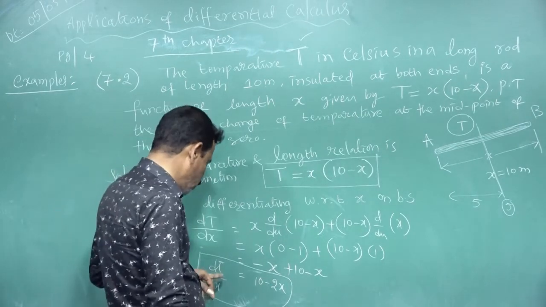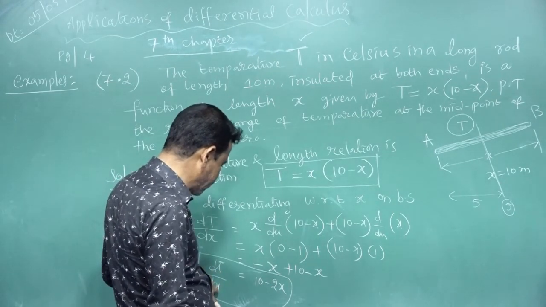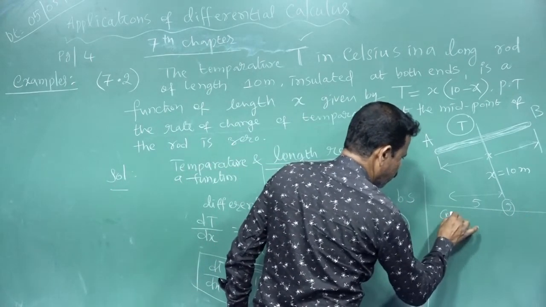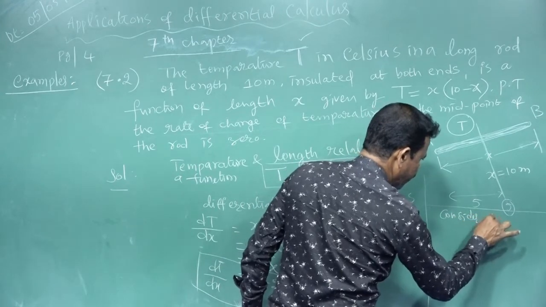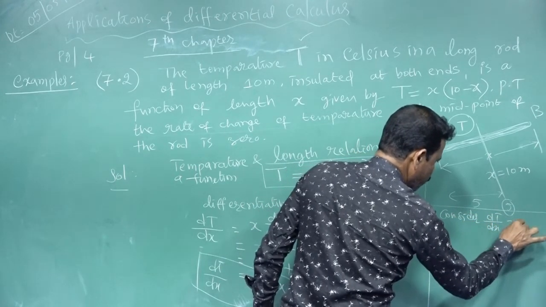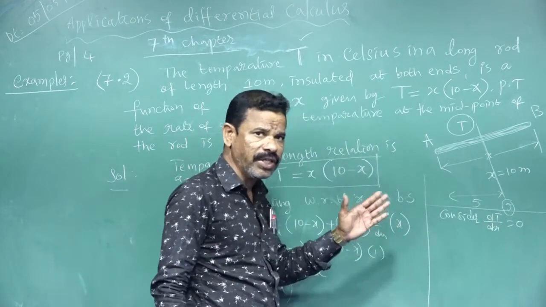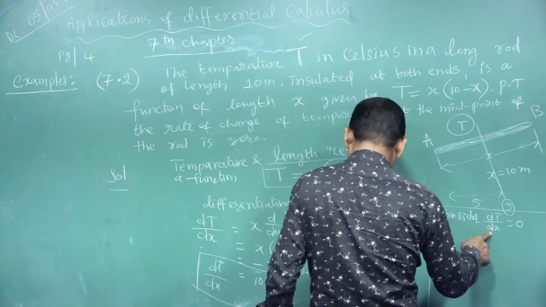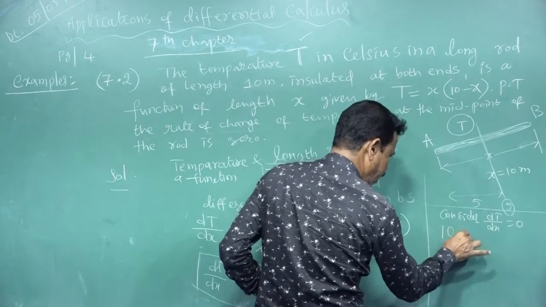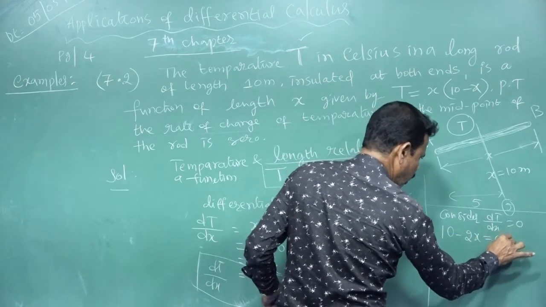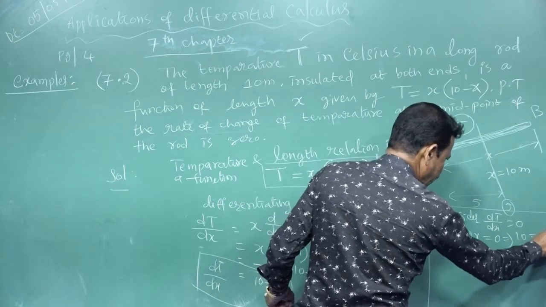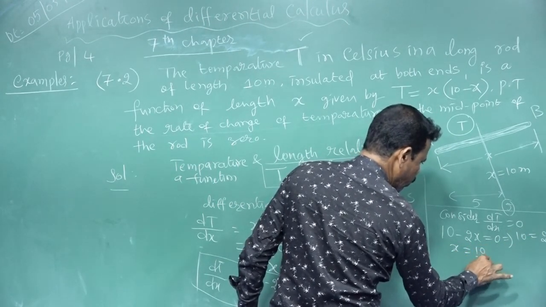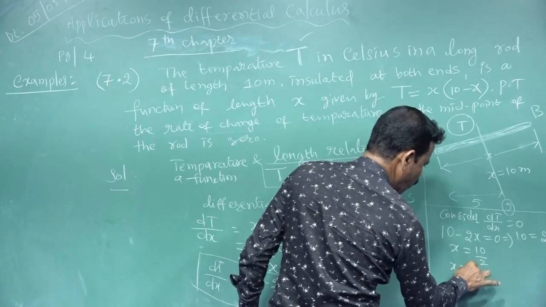When it is 0, we consider dT/dx = 0, so the rate of change of temperature should be 0. Next, dT/dx is 10 - 2x. 10 - 2x = 0, then 10 = 2x. From this calculation, x = 10/2, that is, x = 5 meters.